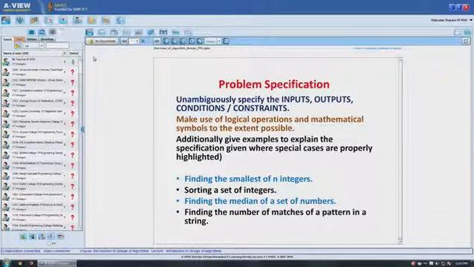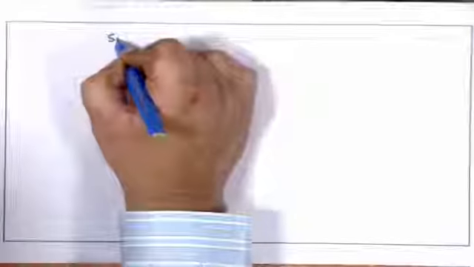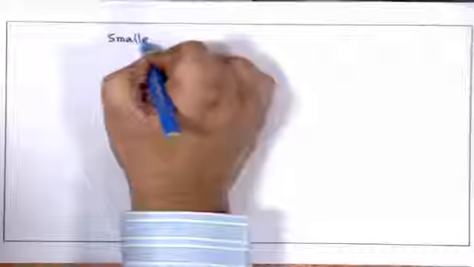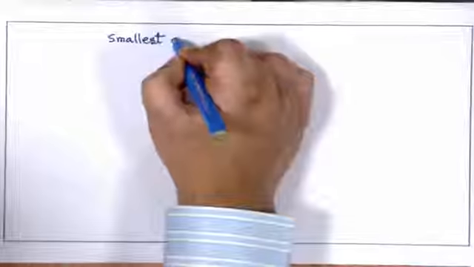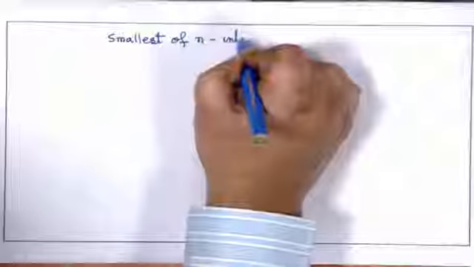So, let us look at the problem of finding the smallest of n numbers. So, what we would like to specify is a problem of the smallest of n integers for the time being.